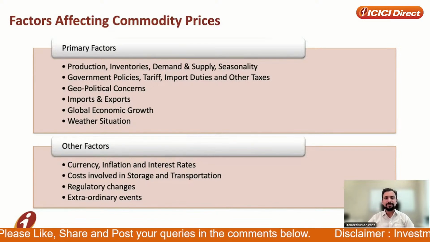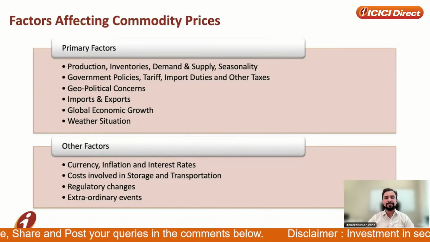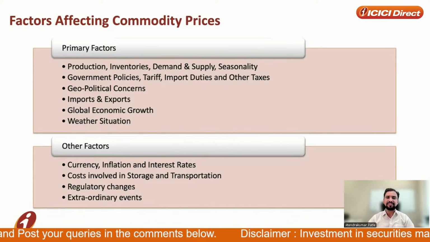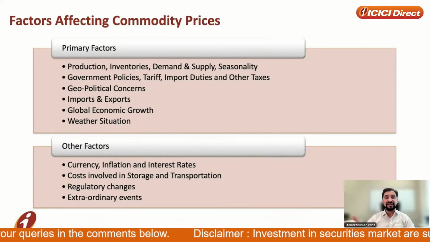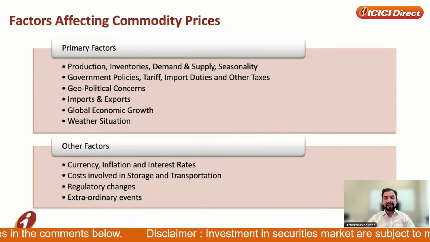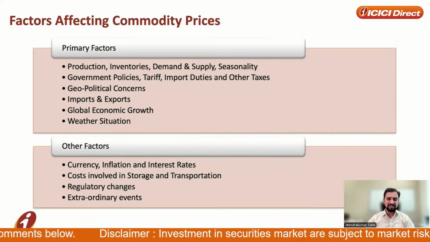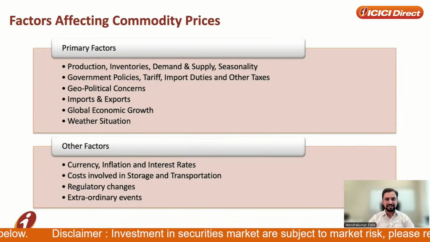Apart from that, government policies, tariffs or import duties again impact commodity prices. In case the producing country increases the tariff or taxes on that particular commodity, the prices of that commodity will go up. We have seen that in India, recently the government imposed some duties on onion exports, and the prices of onions are going high. This way, we can correlate to other commodities.